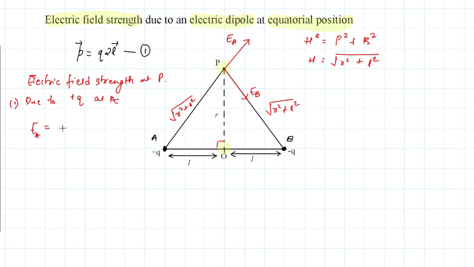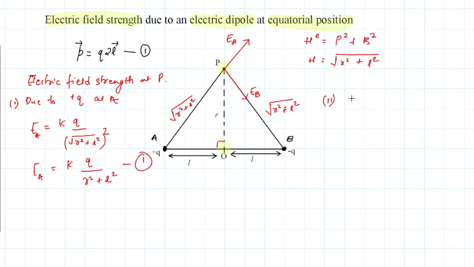The equation we know is written as KQ by the distance between the charge and the point where we are finding the electric field strength. So that will be root over r squared plus L squared, whole squared, because it is KQ by r squared. In this case, r is root over r squared plus L squared. So eventually, if we cancel out the root and the square, we will get KQ by r squared plus L squared. Give it as equation number 1.